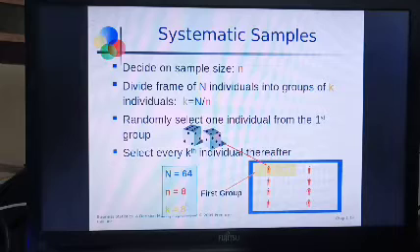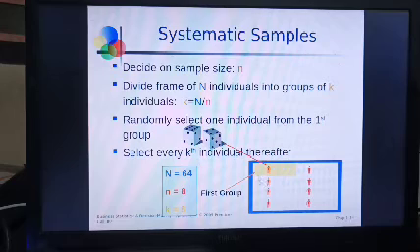In this case, if N is 64 and the sample size is 8, then 64 divided by 8 would be 8. So say you throw a dice for a real random technique, whatever number comes up for the first group, then you can determine the next sample by using the kth individual thereafter.